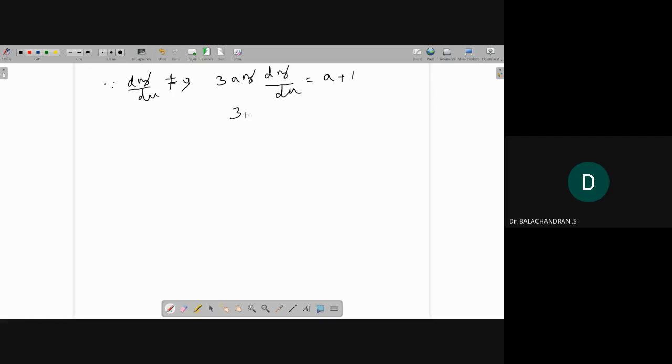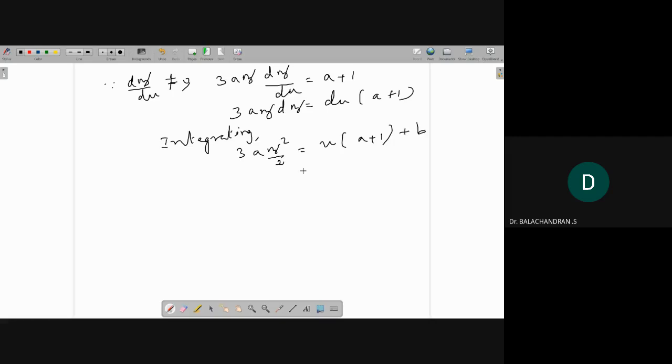So 3az dz equal to du into a plus 1. So if you integrate, you'll get 3a z square by 2 equal to, if you integrate du, you'll get u into a plus 1 plus b.